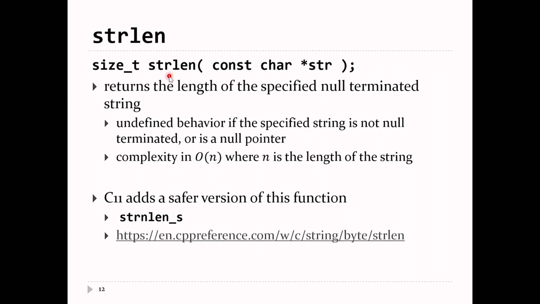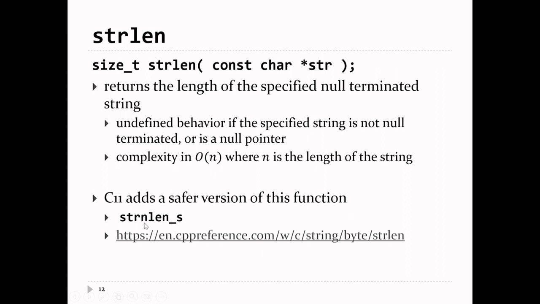Now, strlen assumes that the string actually has a null terminator in it. If you have reason to believe that there might not be a null terminator in that string, then there's a different version of the function that you can use. It's called strnlen, and notice the only difference is there's an n in it.